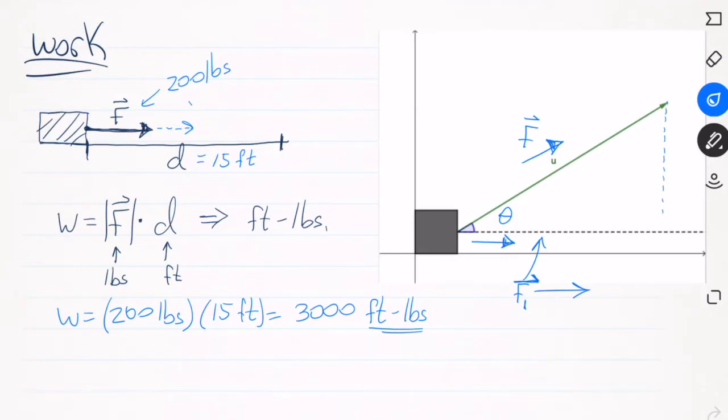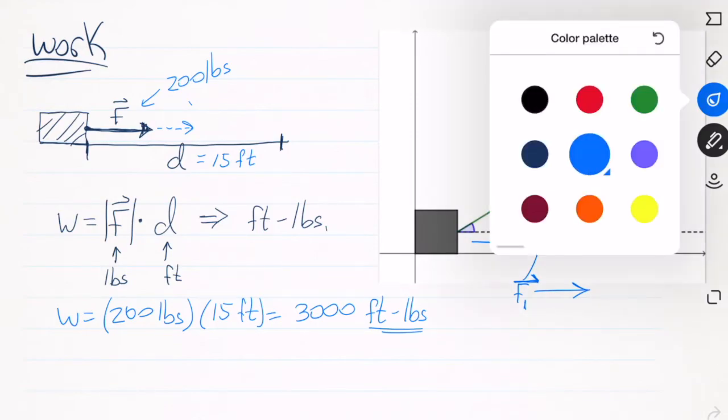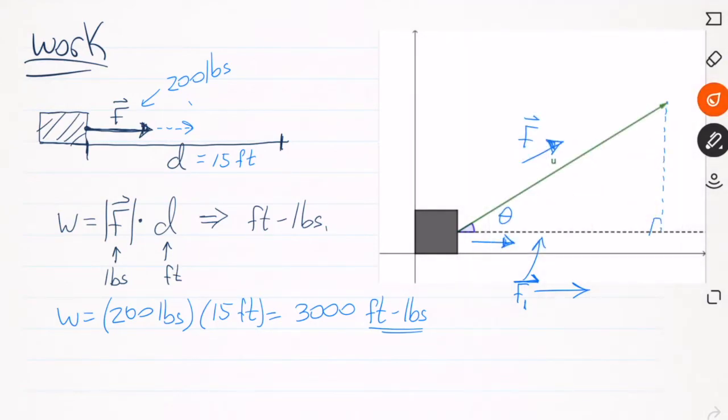And we're going to drop our vector down, and we're going to create this new force vector going in the same direction as the motion. So even though we're pulling it off angled, we're going to just make part of the force go in the right direction. The other part of it is just going to get wasted by your shoulder.